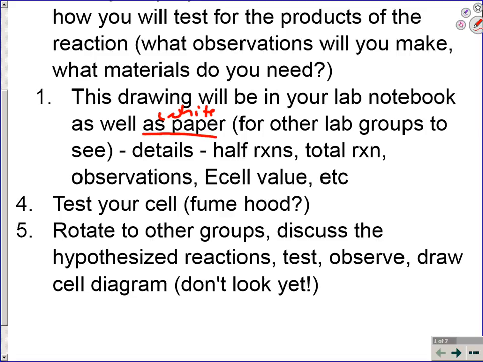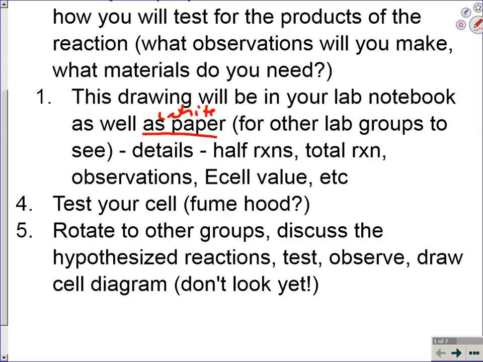And you're going to fold it in half, and you're going to leave it in front of your lab setup. So as we do a rotation, because not everybody's going to set up the same cell 6 times, we can look at the cell, we can make our mental predictions, and we can look at your answer key. We can see that clearly. So that's why I want you to put it on a piece of white paper so you can leave that at the station.